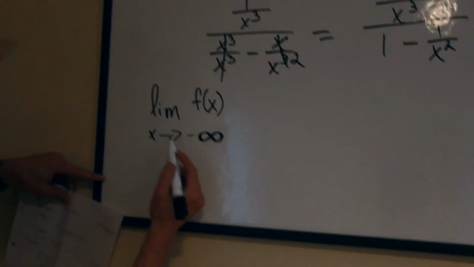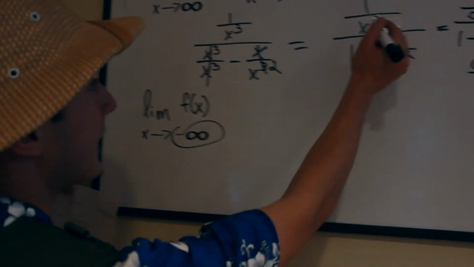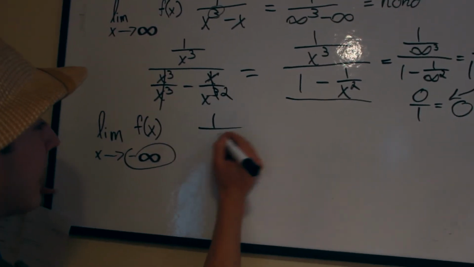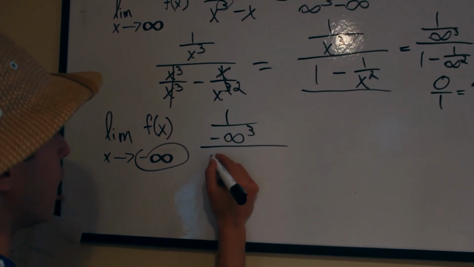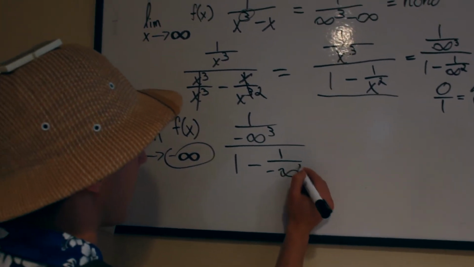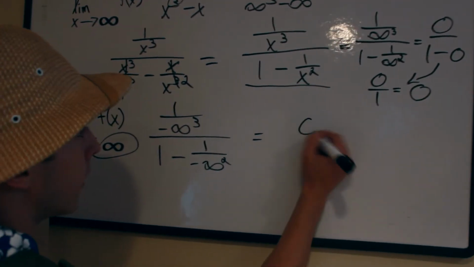For this next function, we need to plug it in for negative infinity this time. So we're going to keep it manipulated like here, but we're just going to take negative infinity. 1 over negative infinity to the power of 3 over 1 minus 1 over negative infinity squared. That will give us the exact same thing as before.